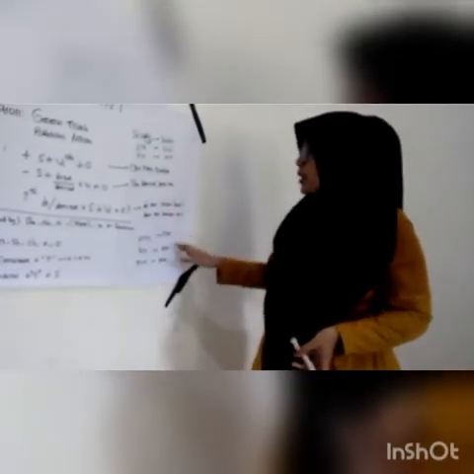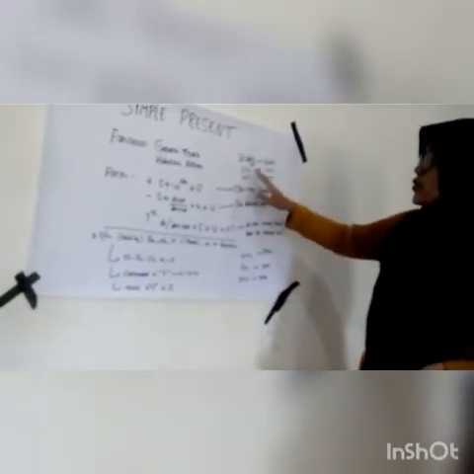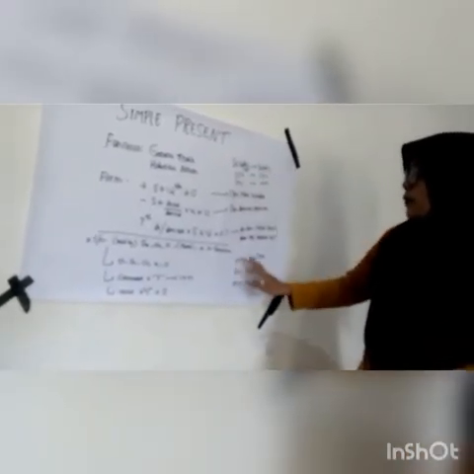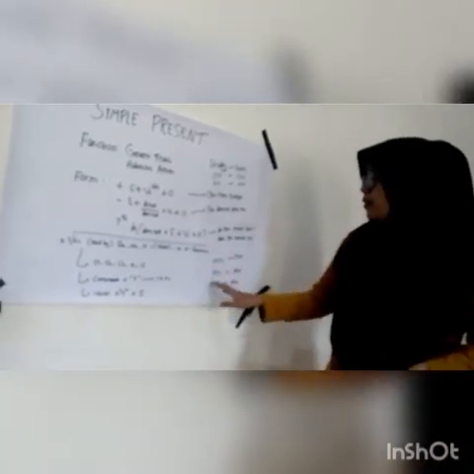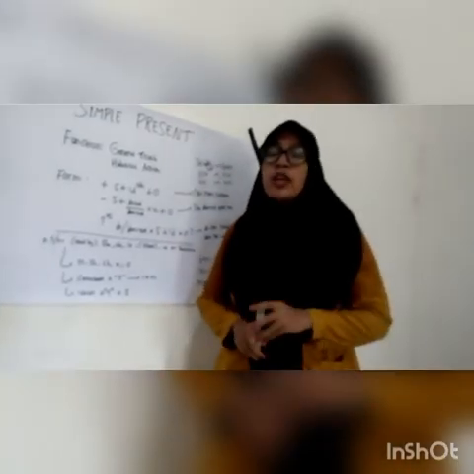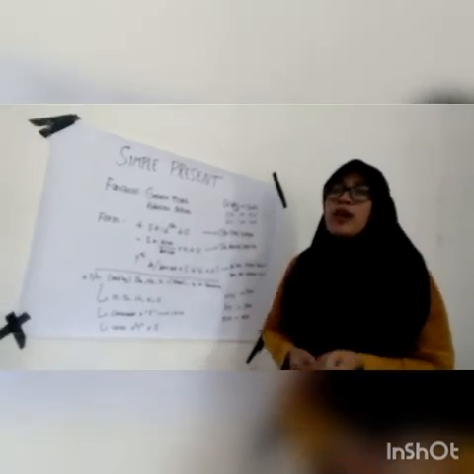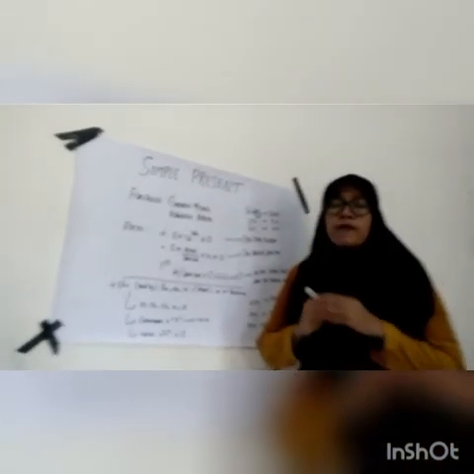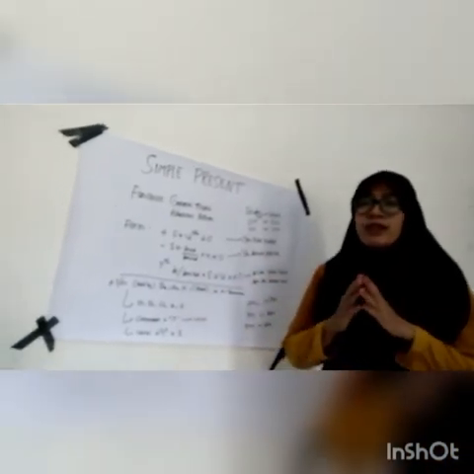For example, study becomes studies, cry becomes cries, try becomes tries, play becomes plays, buy becomes buys, pray becomes prays. So I think enough for today. I hope you understand very well about my explanation. If wrong, I'm so sorry about my explanation.